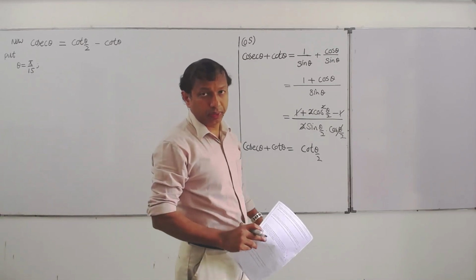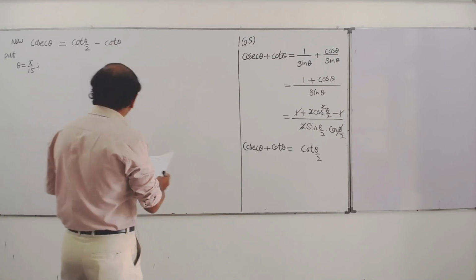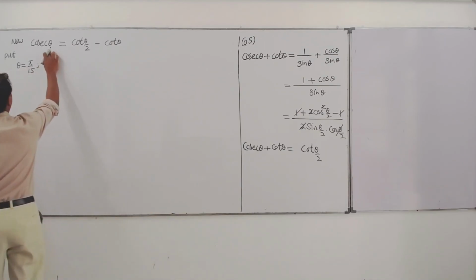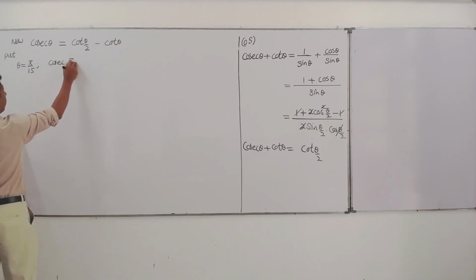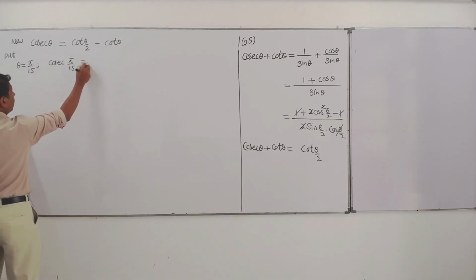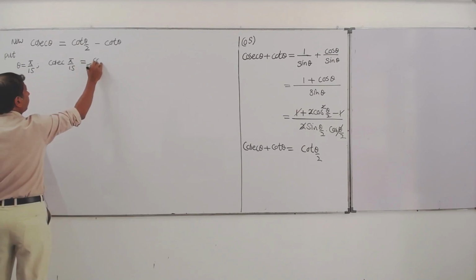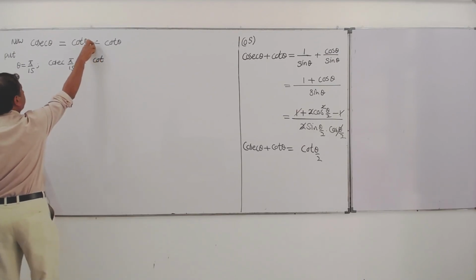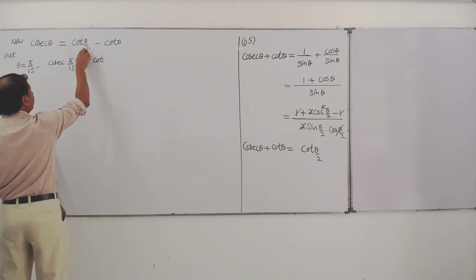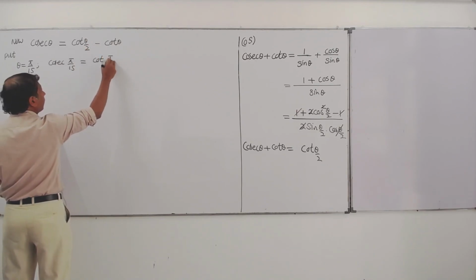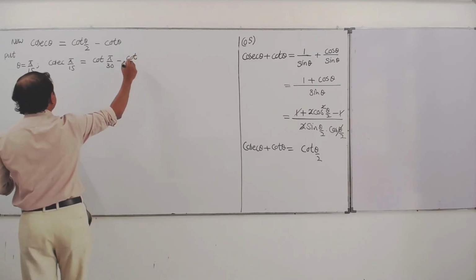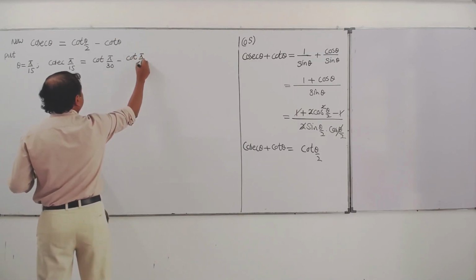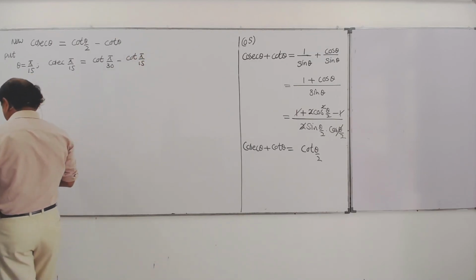Then I first put pi by 15 for this theta. Then we get cosec pi by 15 is equal to cot theta by 2, which means pi by 30, cot pi by 15.